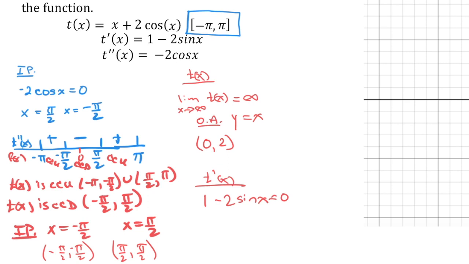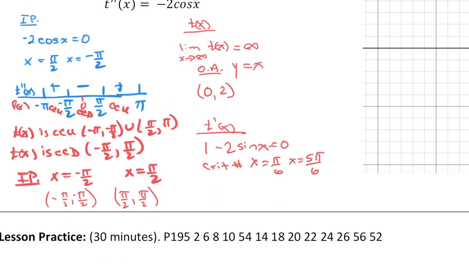And you know that you have critical numbers at x equals pi over 6 and x equals 5 pi over 6. Taking those critical numbers, in our sign chart for t prime of x, we're going to place our critical numbers, pi over 6 and 5 pi over 6.